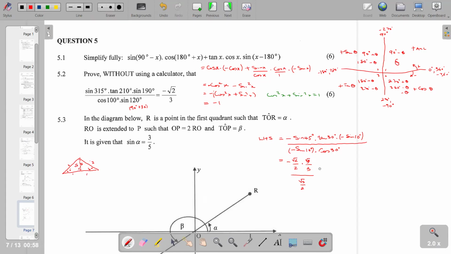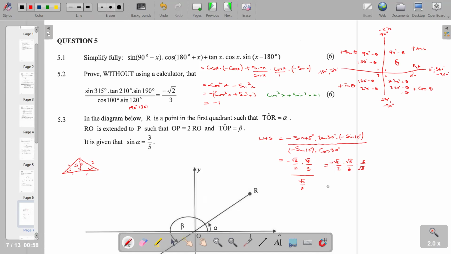If we check, this is the same as root 2, which is negative, over 2 multiplied by root 3 over 3 multiplied by 2 over root 3.